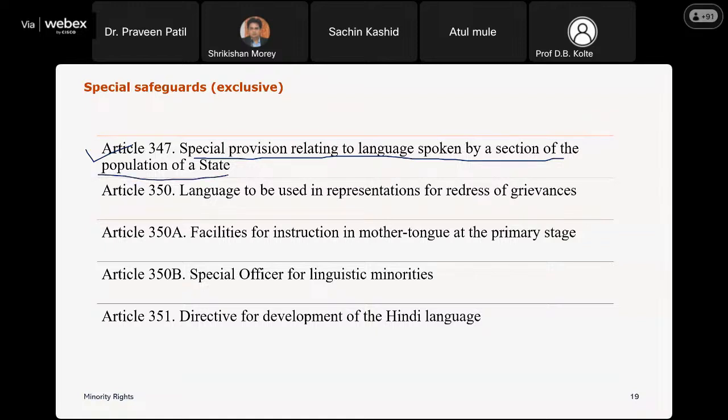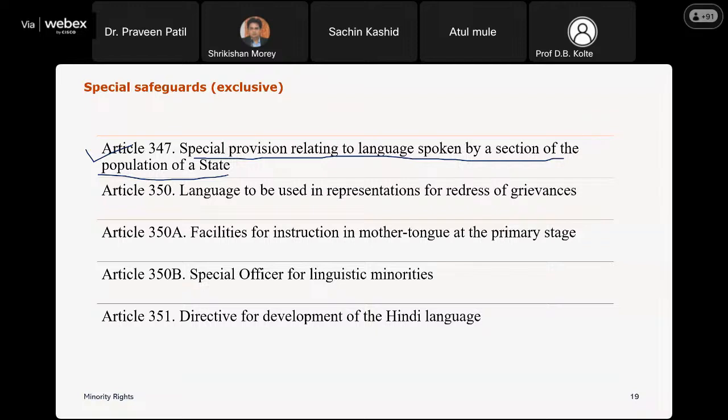It says if in a particular state a substantial population speaks a different language other than the state language, the President of India can dictate the state to make special provisions in respect of that language in that particular state.